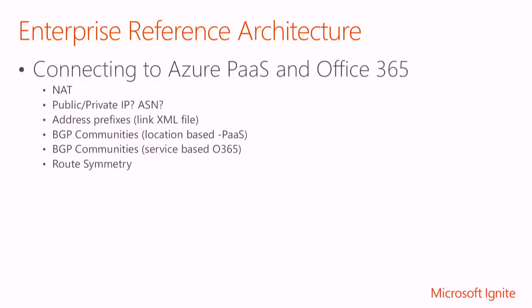Connecting to Azure PaaS and Office 365: we talked about private connectivity to your VNets, those are your address spaces. You can have private IPs in Azure, but when you connect to Azure PaaS or Office 365, they are a public cloud. They operate with public IP addresses.